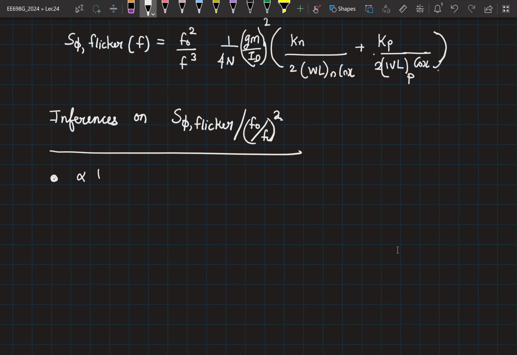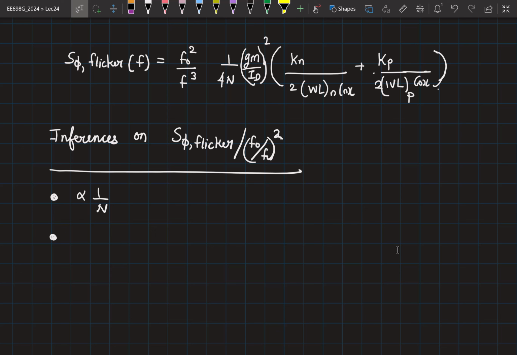So this is proportional to 1 by n. What happens if I increase the gate capacitances? So I am increasing the W, L, COX, the whole term together, right? The gate capacitance. It decreases, right? So this is inversely proportional to the gate cap.